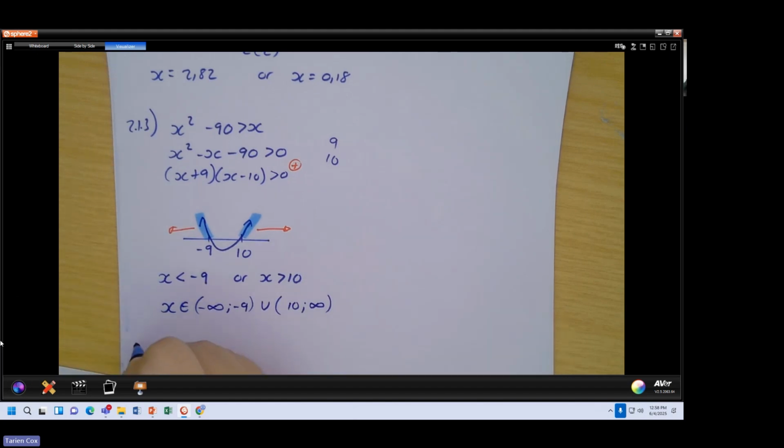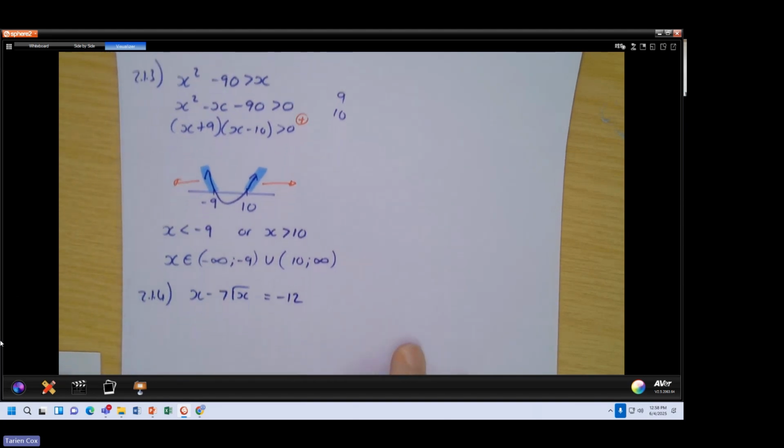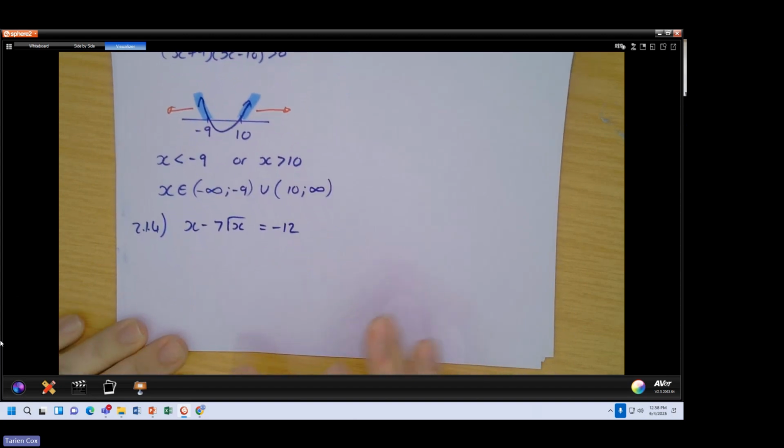Then we also had question 2.1.4, where it is x minus 7 square root x is equal to -12. Hopefully you did see that there was a change different from the notes, that it has to have the equal sign in. What is our goal here?